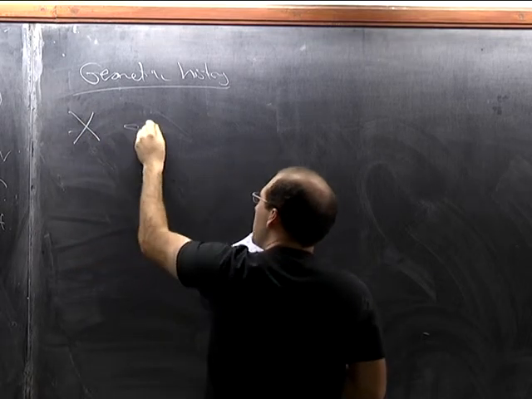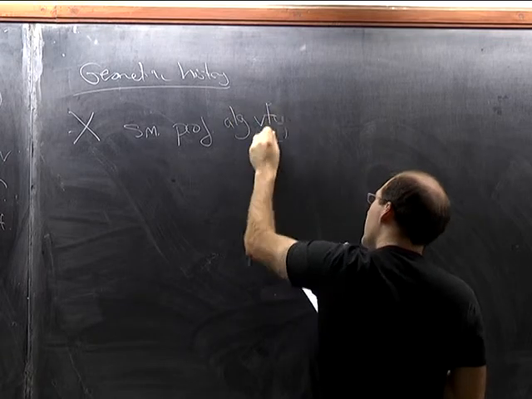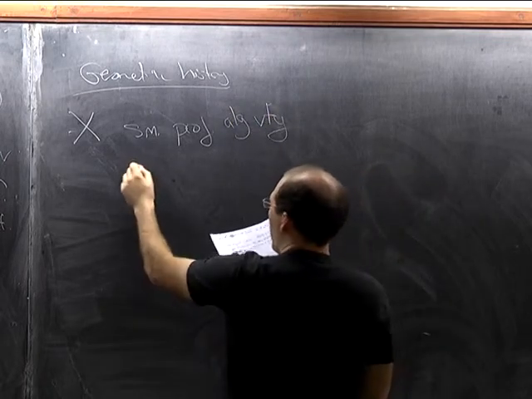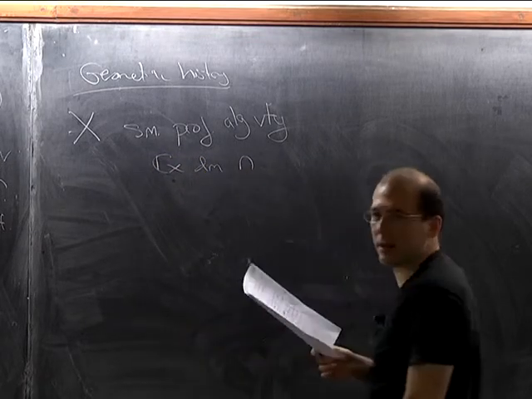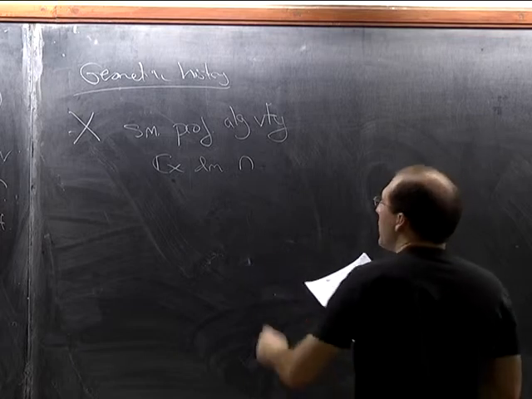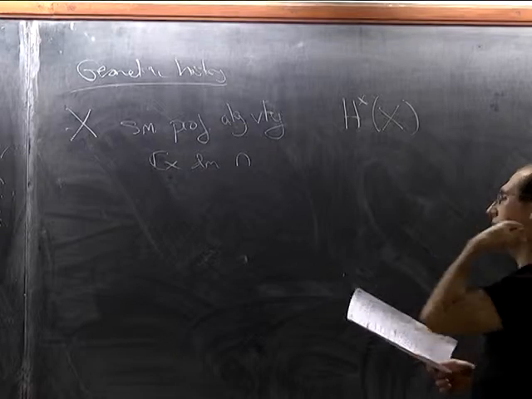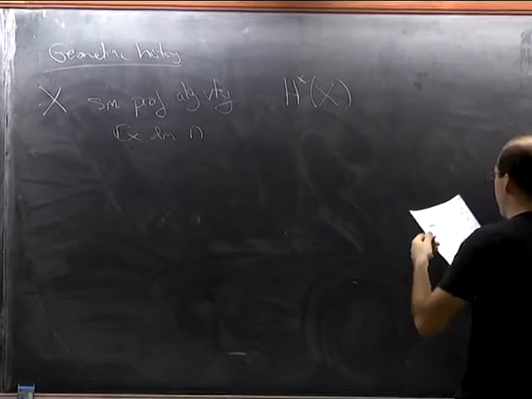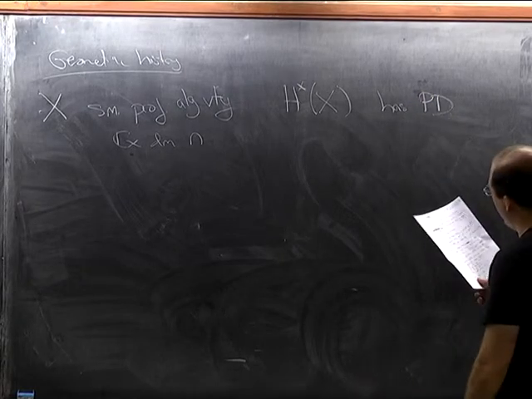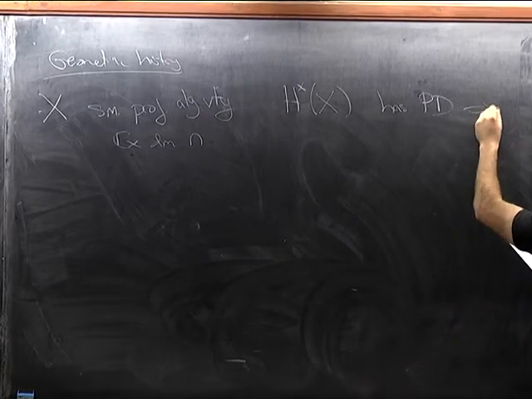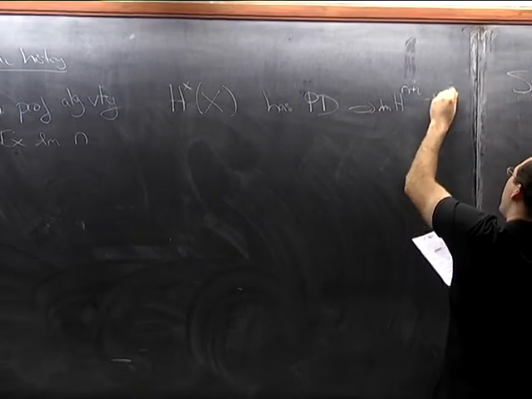So let X be a smooth, projective, algebraic variety with complex dimension n. Its cohomology ring is a graded ring, a graded vector space. It has Poincare duality, and that implies that the dimension of H^(n+i) is the dimension of H^(n-i).